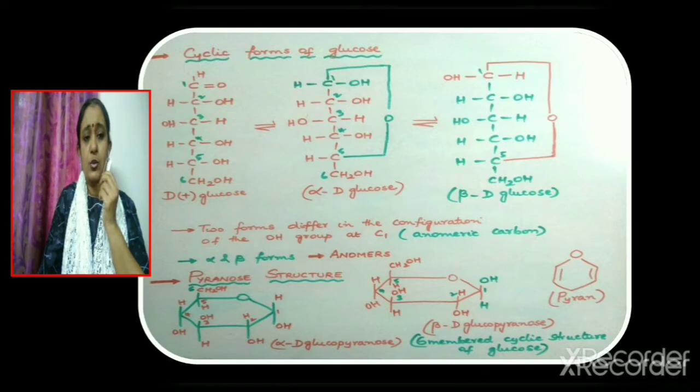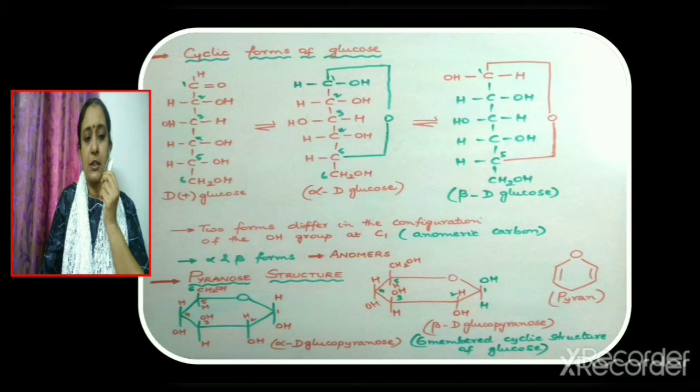So these groups are to be shown in the pyrano structure, that is for alpha D glucopyranose, in such a way that H is at the top and OH is below the plane. Now consider the second carbon. It has H and OH. These two groups should be shown in alpha D glucopyranose in such a way that H is at the top and OH is below the plane.